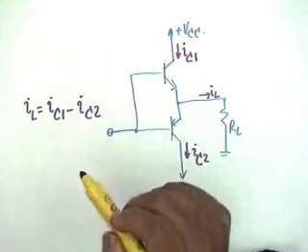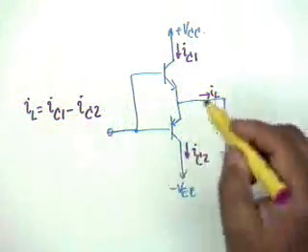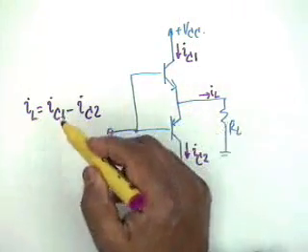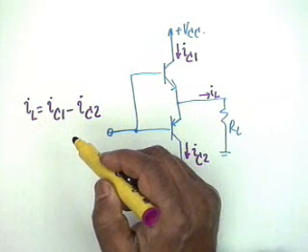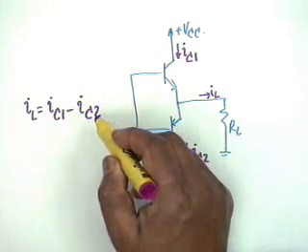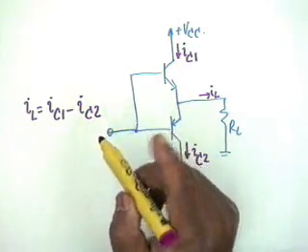What is the waveform of IC1? If you ignore crossover distortion, or if you have taken care of crossover distortion by using 2 diodes here, then the waveform of IC1 is half rectified sine, and the waveform of IC2 is also half rectified sine but shifted in phase by 180 degrees. Okay, this is the basic form.